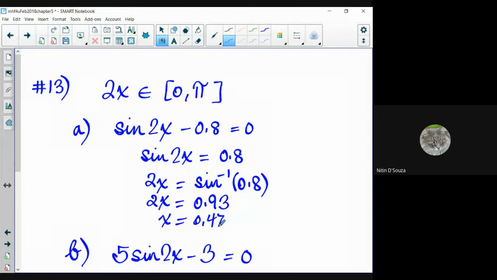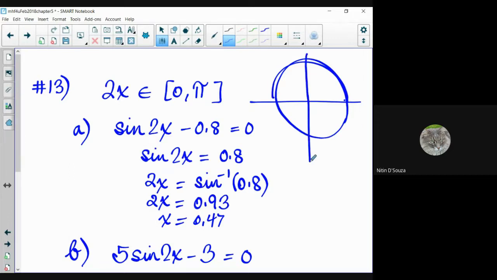So here's your circle. It tells you the domain for 2x is from 0 to pi. Okay? Which means the domain for x will be 0 to pi over 2.